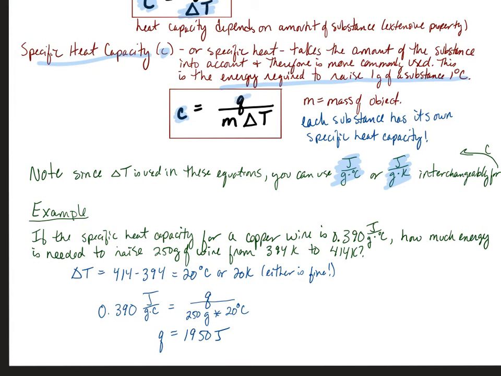Q, we just talked about, is energy. And we've got m is mass and delta T right there. So this is a very common type of equation that you use. Now, I do want to point out that since you're doing a change in T, in other words, delta T, it doesn't matter if you're using Celsius or Kelvin in the terms of c, because they can be used interchangeably.